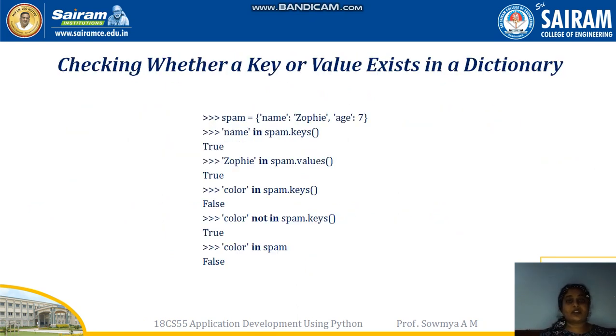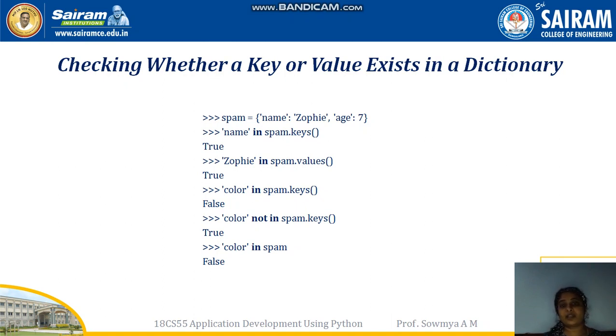So next one is checking whether a key or value exists in a dictionary. We have to check through the in and not in operators, which is the same as what we saw from the list method, where you have a dictionary spam and in spam.keys(). Here we have to specify whether it is a key or a value.